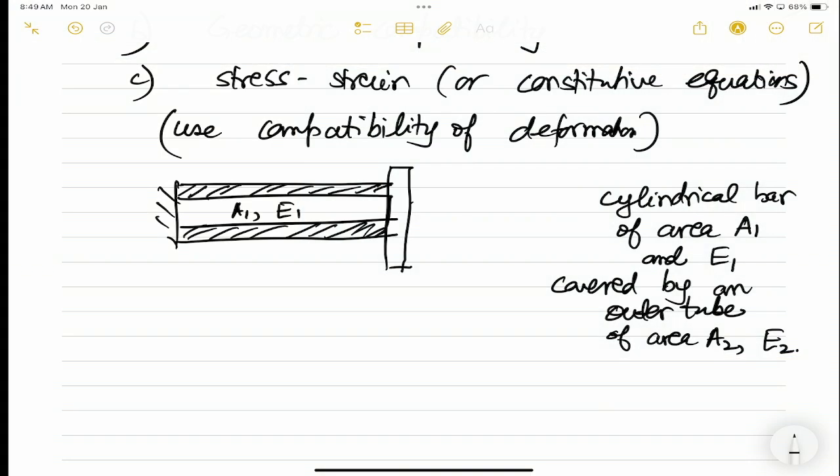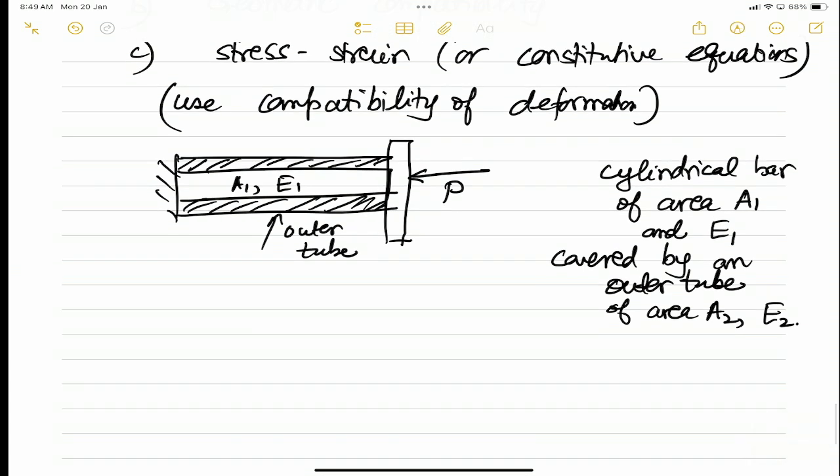And here what we are doing is we apply, so this is the outer tube. A force P is being applied totally, so it's covered with some sort of a cover and a force P is applied there. And we want to find the stresses in the bar.